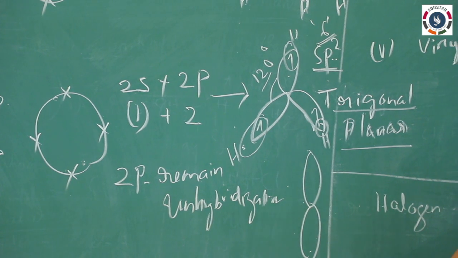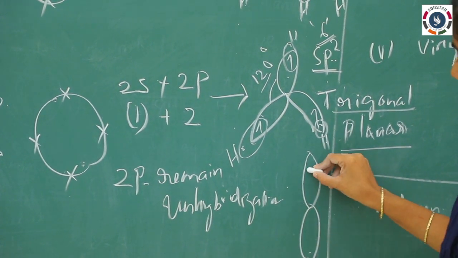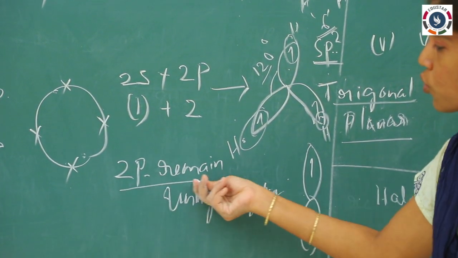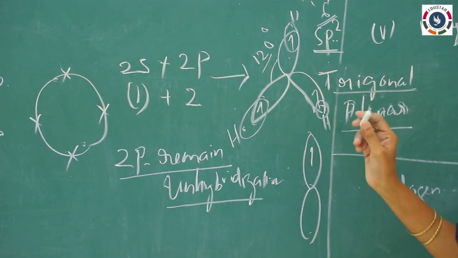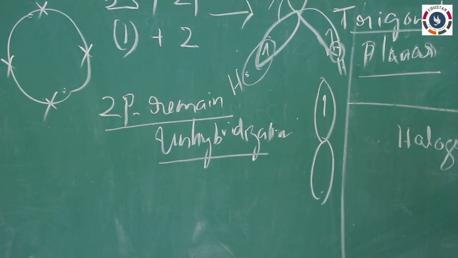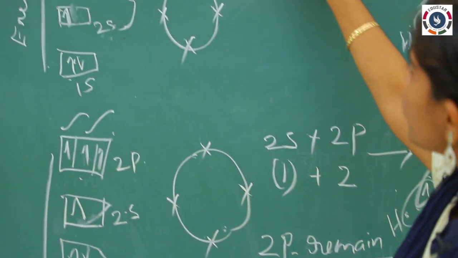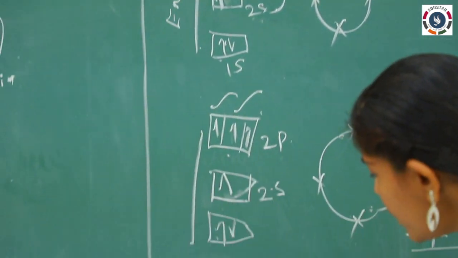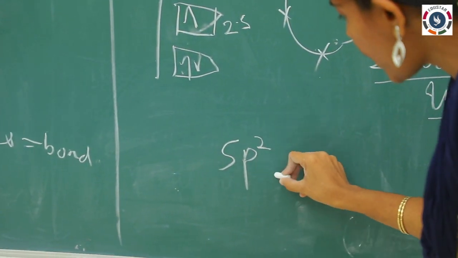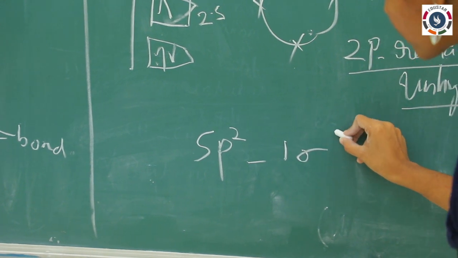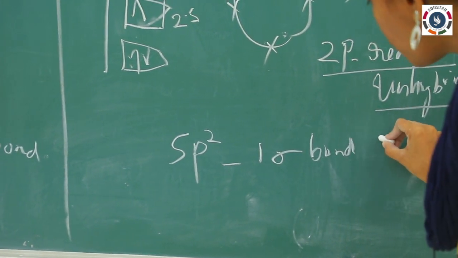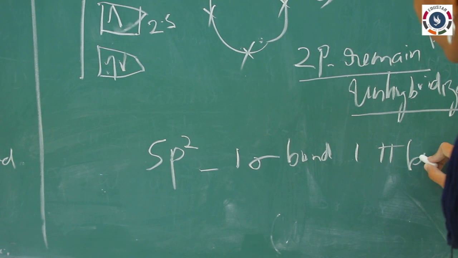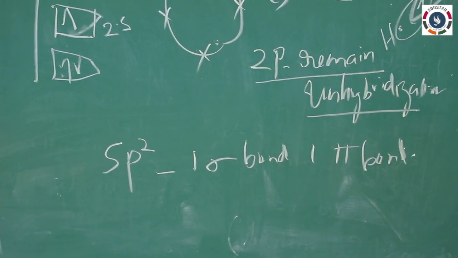What about the remaining 2 electrons? Here this unhybridized 2p orbital has 1 electron in it. See, for a SP2 hybridization, we should know this SP2 hybridization has 1 sigma bond and 1 pi bond. Do you remember this sigma bond and pi bond?